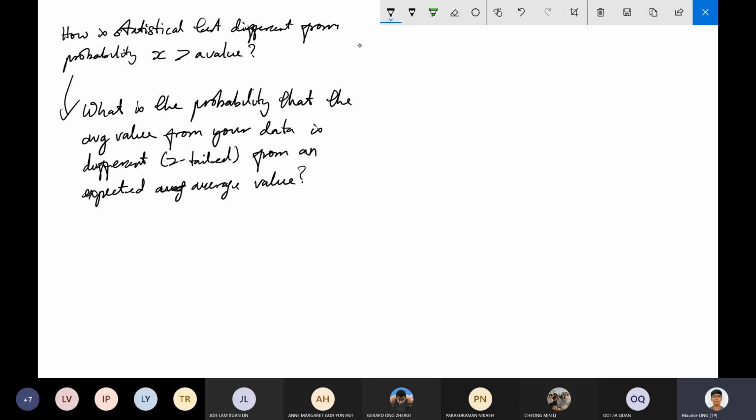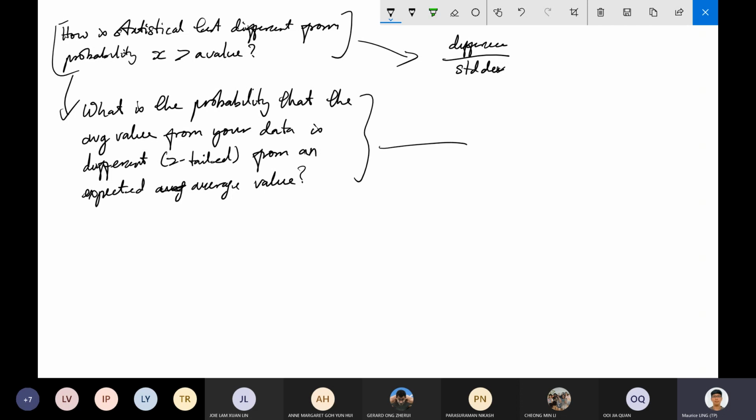Now, when you did last week, you'll find that you keep on using the difference divided by the standard deviation. The denominator is standard deviation, correct?